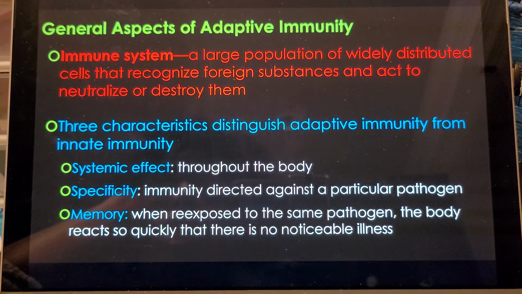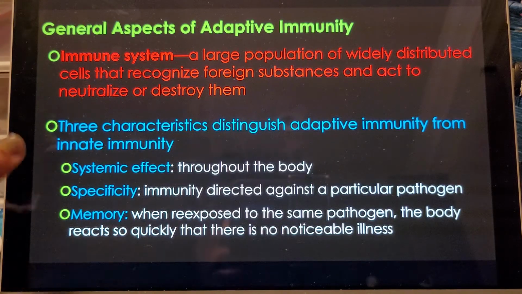So with our immune system, you're building a defense against a pathogen once you've been exposed to one. And with adaptive immunity specifically, it is more systemic.